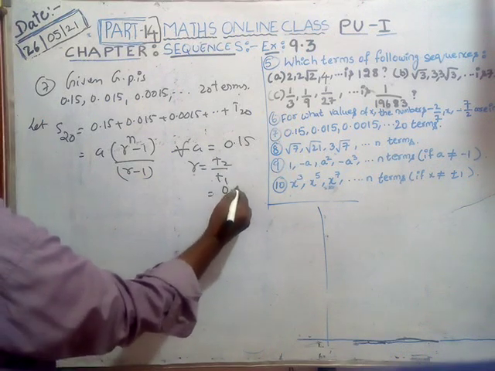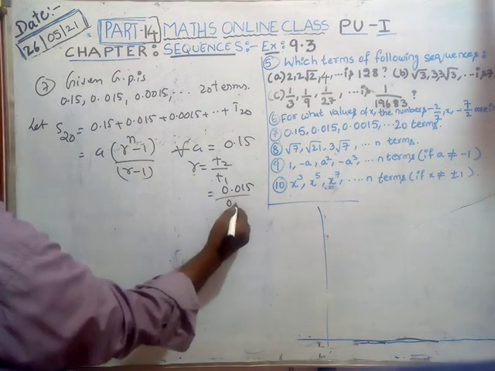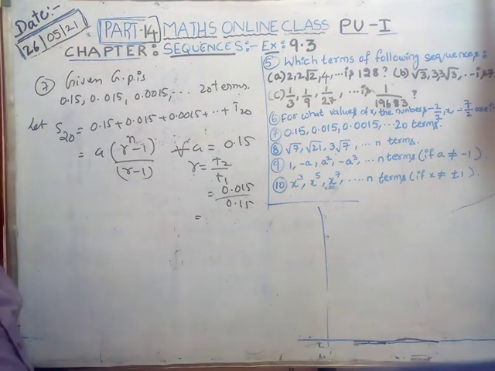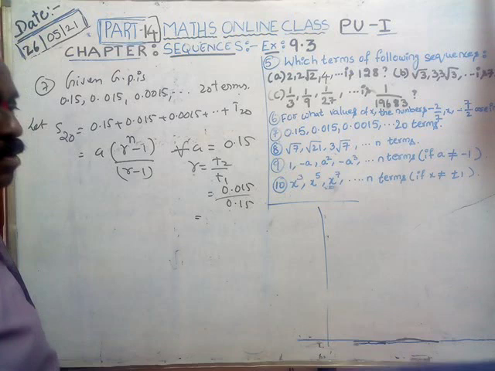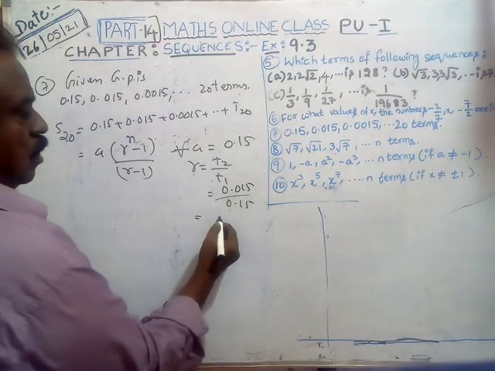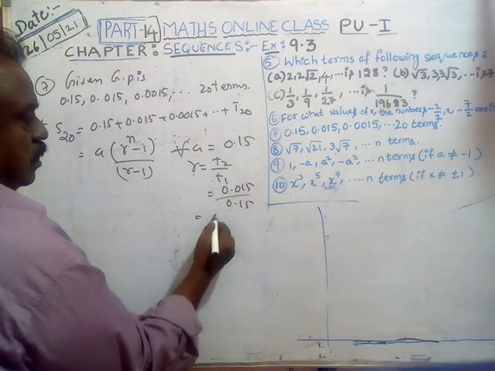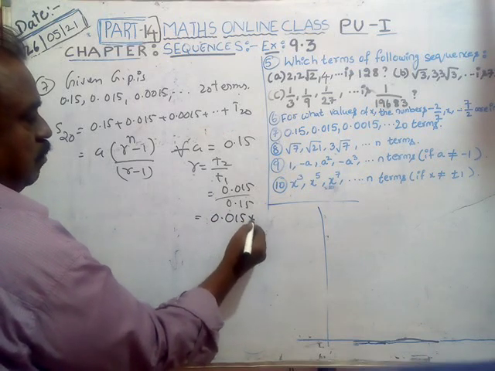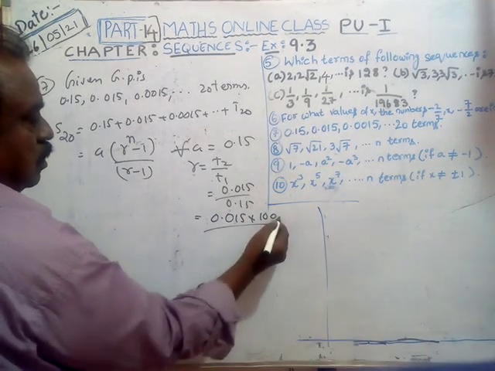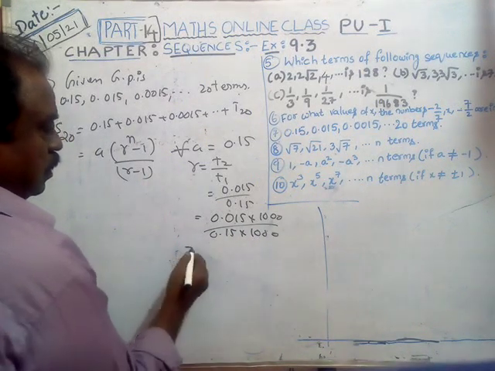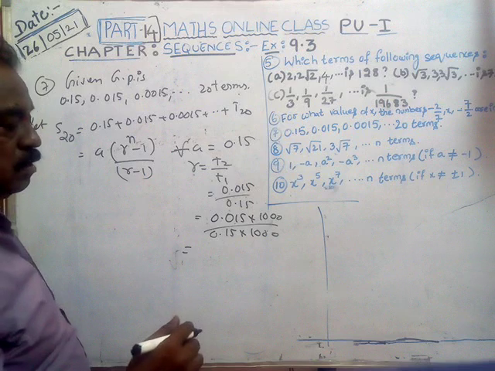What is T2? 0.015 by 0.15. Here we multiply numerator and denominator with 1000. Why multiply with 1000?